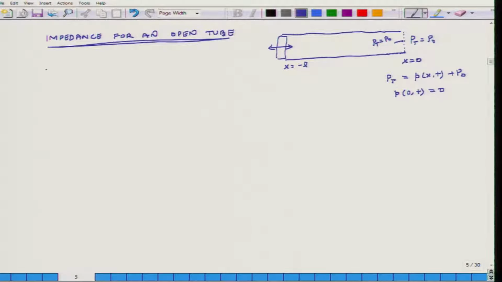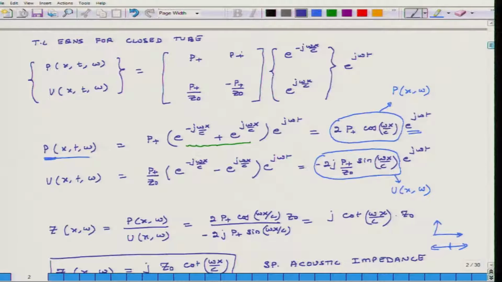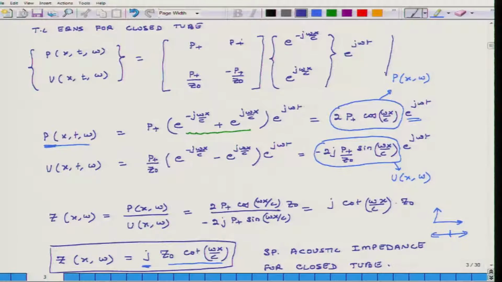So, with this understanding we will develop an expression for impedance for an open tube. How do we do that? We start with these transmission line equations.